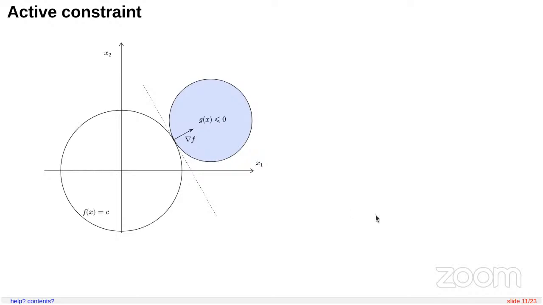Because the function has steepest ascent in that direction. Correct, so this is the direction in which the function is increasing the maximum. And it is also perpendicular to the tangent at this point. What do you think will be the direction of the gradient of the constraint here? If g of x is the constraint, what will be its direction?